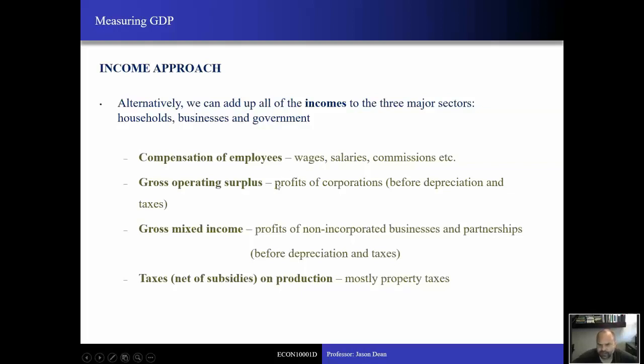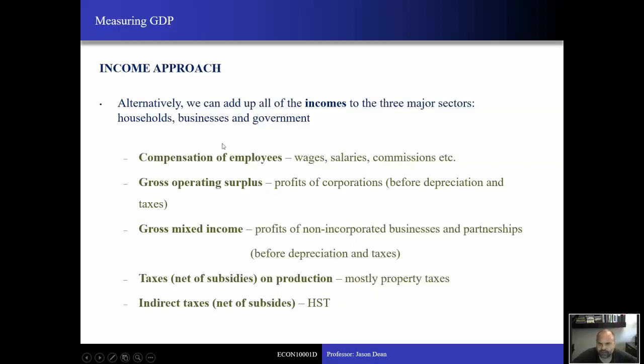So this is going to include all of the taxes that you would pay to the government in the form of income taxes. But there are other taxes like property taxes. We need to add those in. And then also things like sales tax, like HST, we want to add that in because that's not going to be in here anywhere.